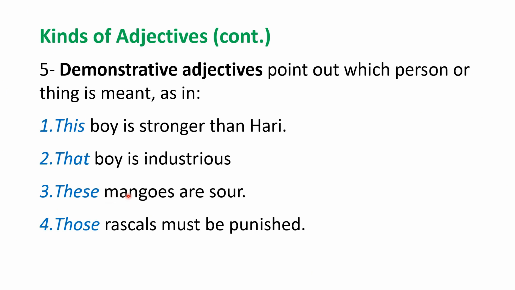So it is used with a plural noun. Now those is the plural of that. Those rascals. So those is used with a plural noun. Therefore, those is also plural and used with a plural noun. So it becomes an adjective for something far from you.